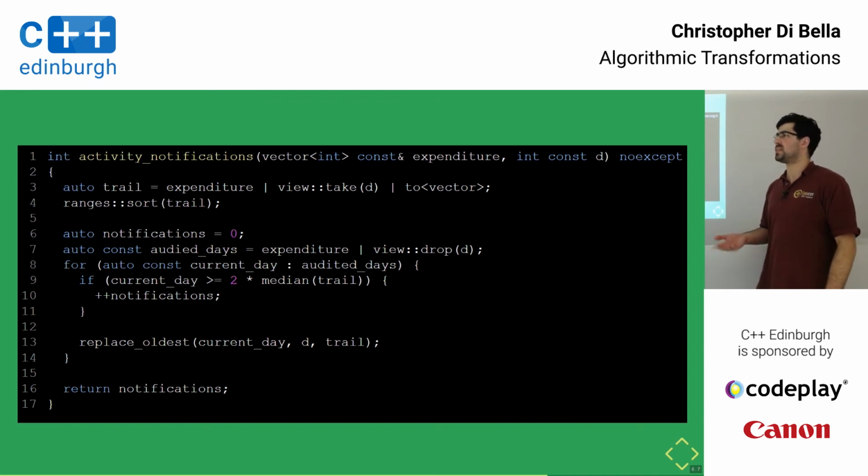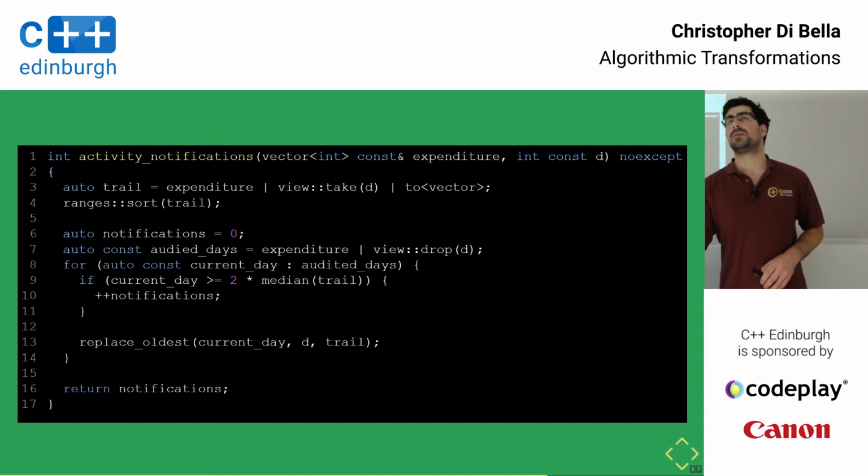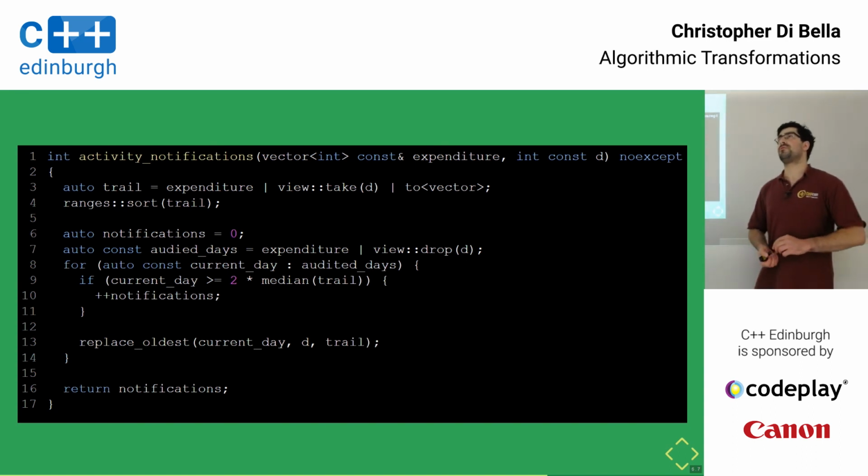Is it also 2017 compatible? With patches. With patches, okay. Would it be pretty seamless to go from using Range v3 to std ranges? Using Range v3 version 1.0 beta, so if you use the beta branch, it will be much easier to change across. I haven't done it for a while.